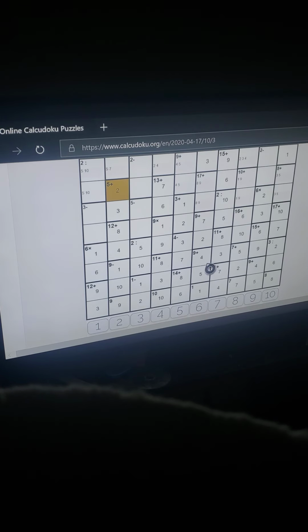A whole bunch of X-wings in this puzzle. I mean, like, a lot. Alright, I gotta eliminate the 2, and I gotta eliminate the 5.